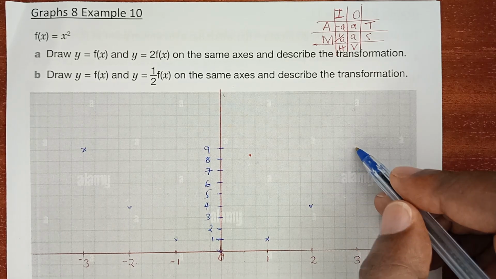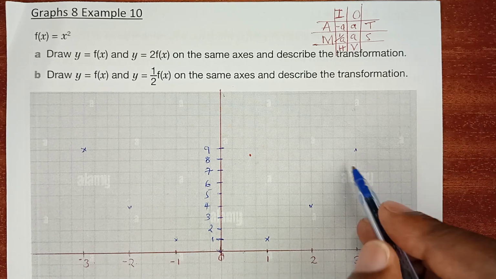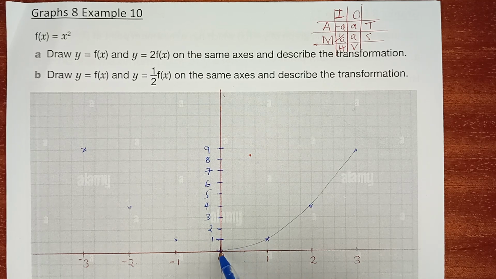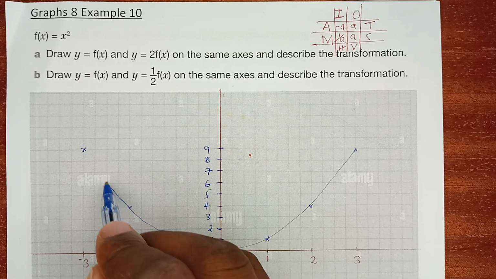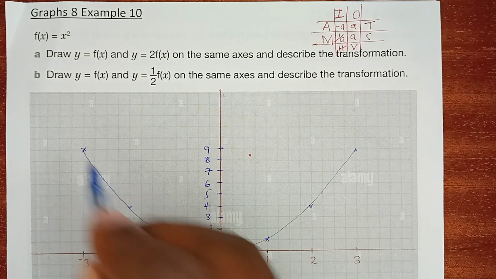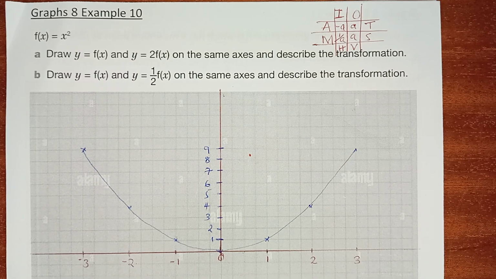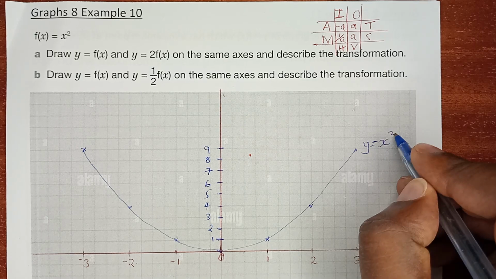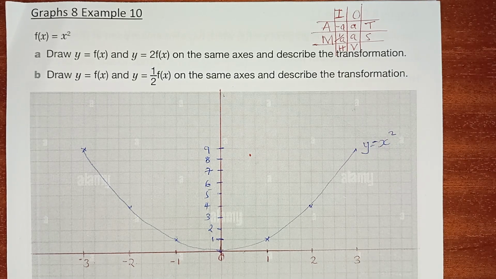And 3 squared is 9. So we are having this very smooth graph, and the graph we are having is y equals x squared. We have constructed that.